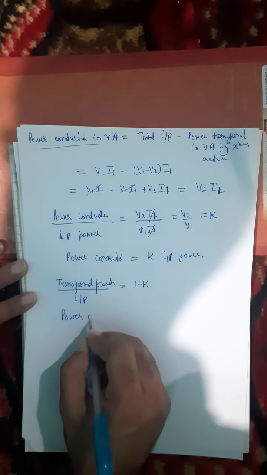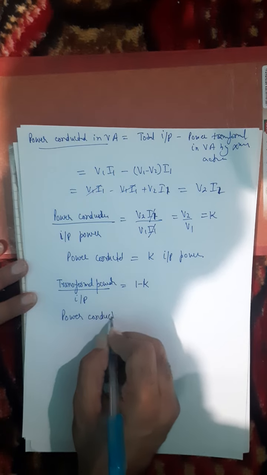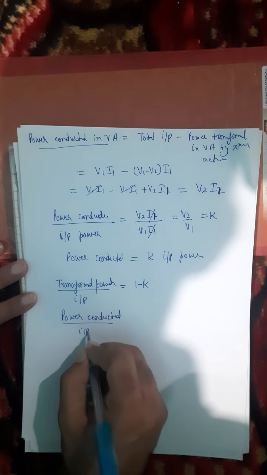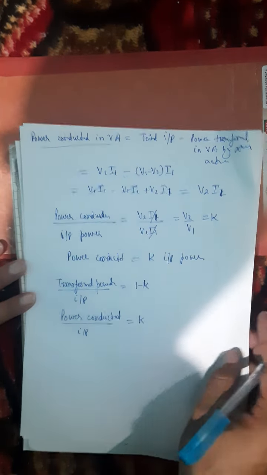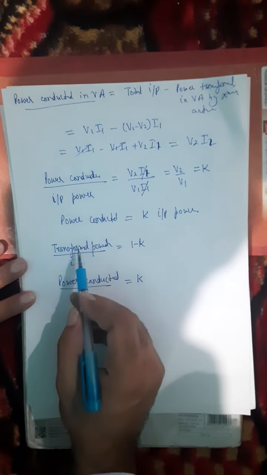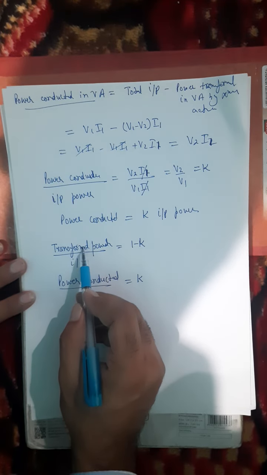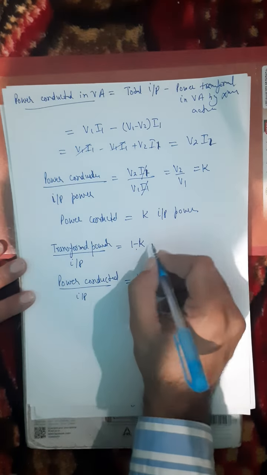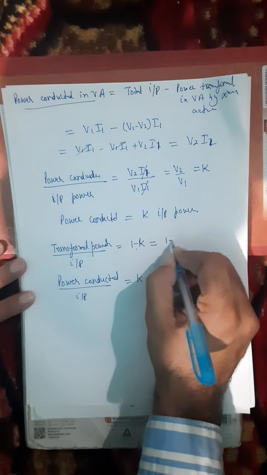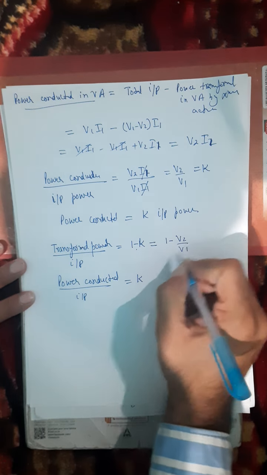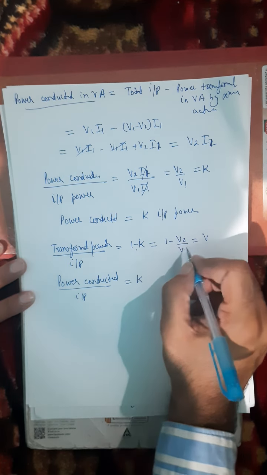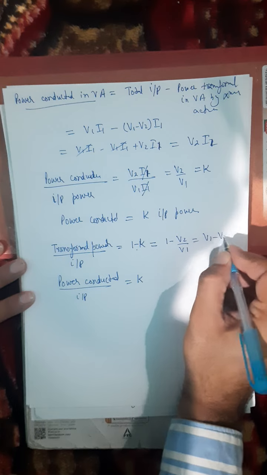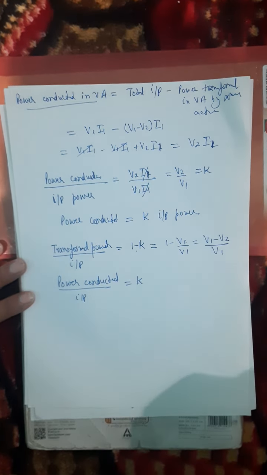Next, power conducted by input power is equal to K. So considering the equation, power transformed divided by input power is equal to 1 minus K, which I further can write as 1 minus K V2 by V1 is equal to (V1 minus V2) by V1.